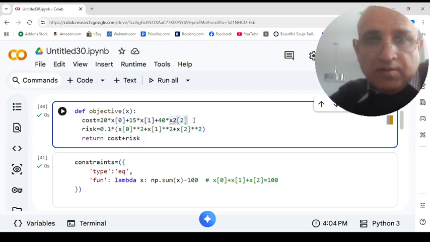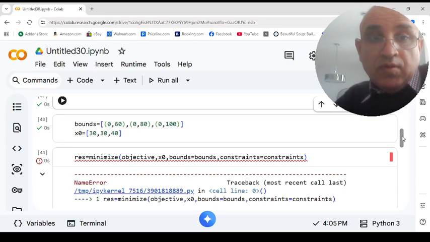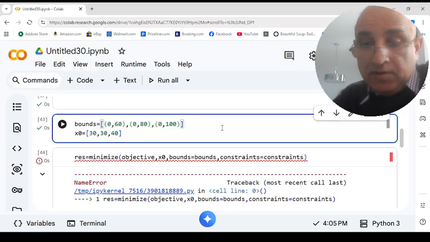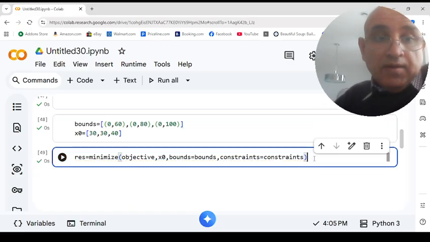Okay, yes. Here they're saying why you are using x2 symbol here. That was the problem. So instead of writing x2, I should have written x bracket 2 for the third variable. And now it is working.